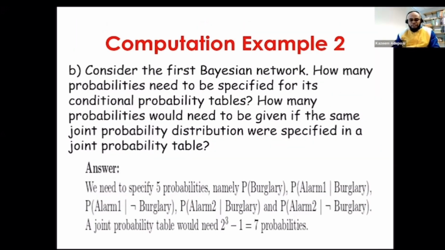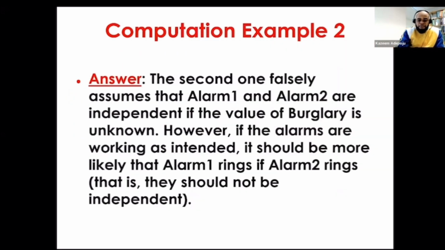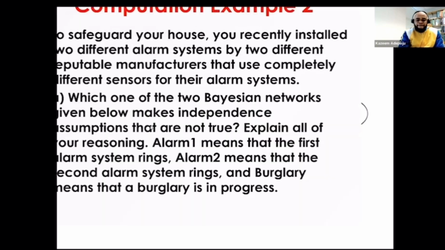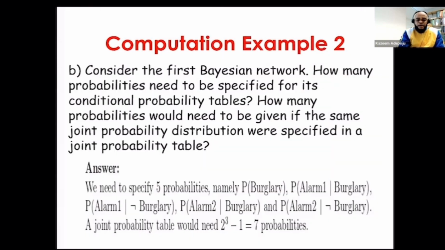The second question now says, consider the first Bayesian network, where alarm 1 and alarm 2 depend on burglary. How many probabilities need to be specified for its conditional probability tables, and how many probabilities would need to be given if the same joint probability distribution were specified in a joint probability table?